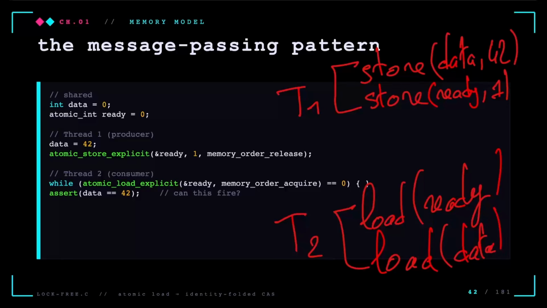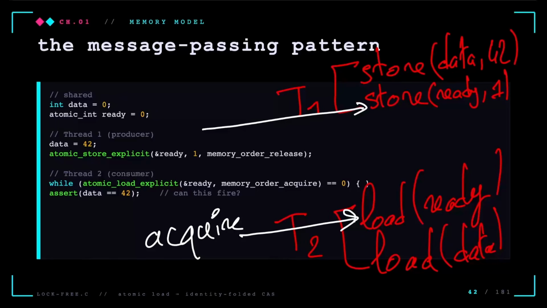Yes, we do have some things in between: a while loop, a comparison, but that doesn't matter. We only care about the data flow rather than the instruction flow. We care about store and load reordering. What's important is that this load is memory order acquire, and the store is memory order release.